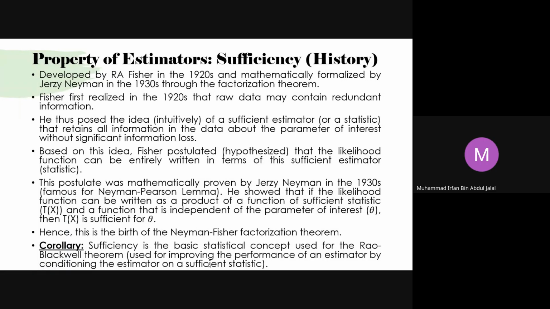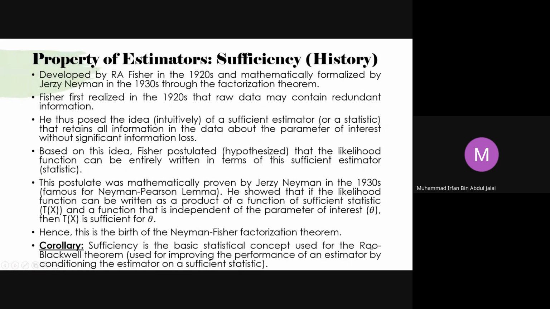Because of this, the Neyman-Fisher factorization theorem is an important theorem that leads to the Rao-Blackwell theorem, which is used to improve the performance of certain estimators. One that was originally not good becomes better when we condition on sufficient statistics. But to identify whether the statistic or estimator is sufficient, we need to use the Neyman-Fisher factorization theorem. So this is the first theorem we need to use before we proceed to the Rao-Blackwell theorem.